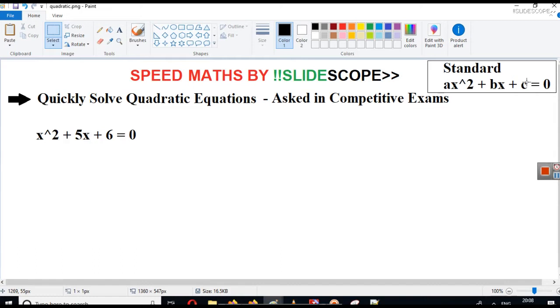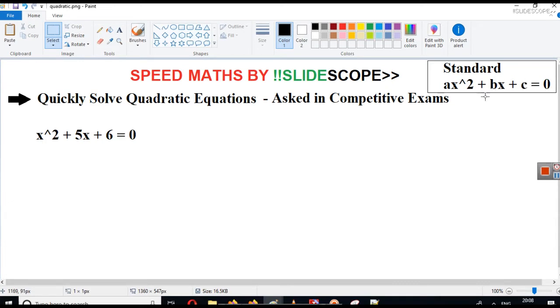In a quadratic equation, the coefficient of x raised to the power 2 is a, the coefficient of x raised to the power of 1 is b, and the coefficient of x raised to the power 0 is c. X raised to the power of 0 is equal to 1. That's why we have no x written here. So this is the standard form of a quadratic equation, ax square plus bx plus c.